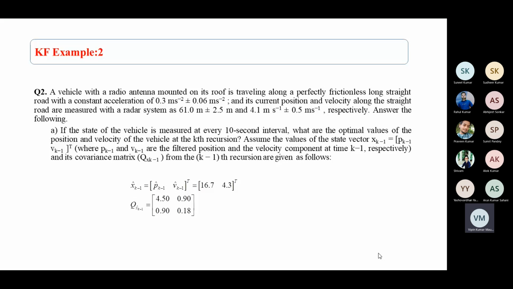Is this problem clear to everyone? Do we have to use the same formula which we have written in the last question, or any different one? Sir, I think in the previous formula we have to replace k plus 1 with k.